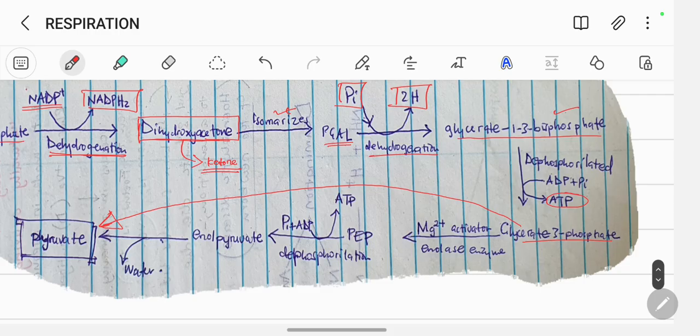So we have an expanded form. For us, we used it from glycerate 3-phosphate, remove water, harvest the ATP and form your pyruvate straight.